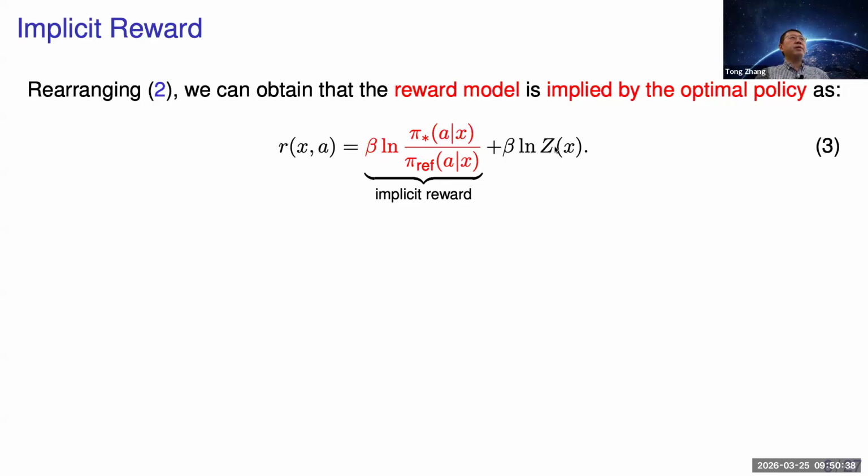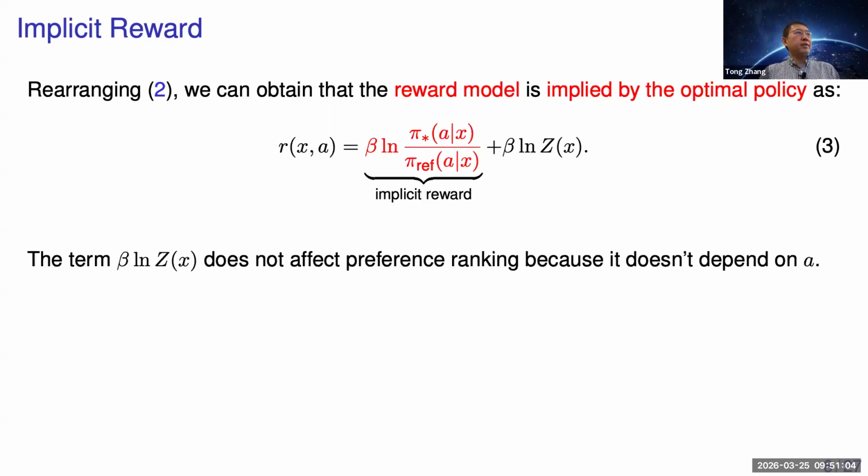If this term doesn't depend on A, you can ignore it. You don't have to take care of that. The implicit reward given a policy is this form. So for any policy you're given, assuming it's an optimal policy, you can imply a reward by this formula. This is the key for the derivation of DPO.